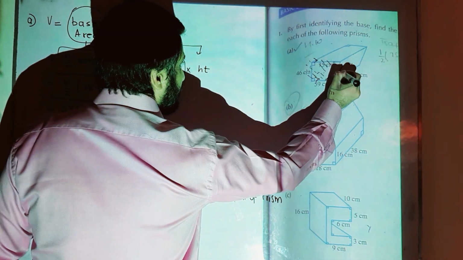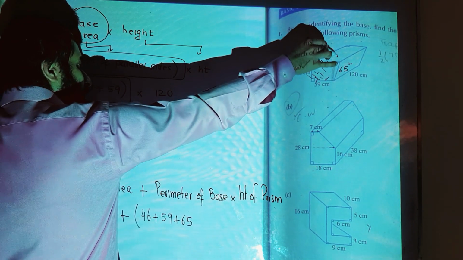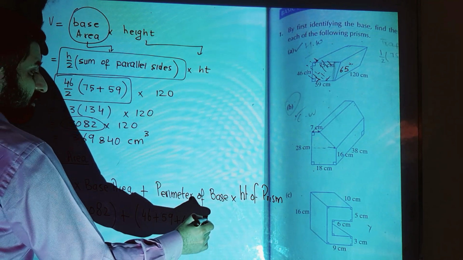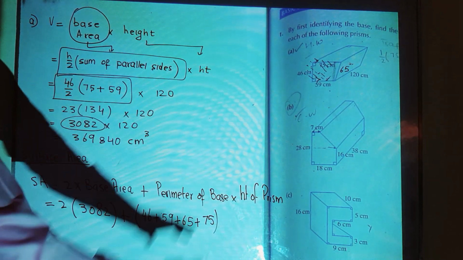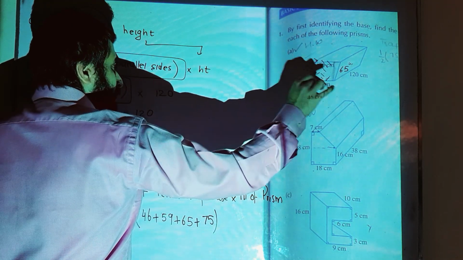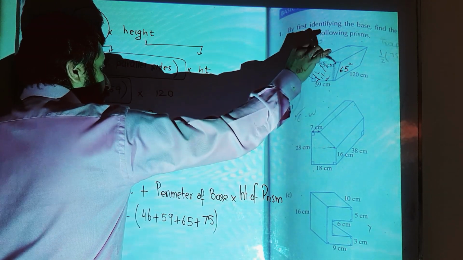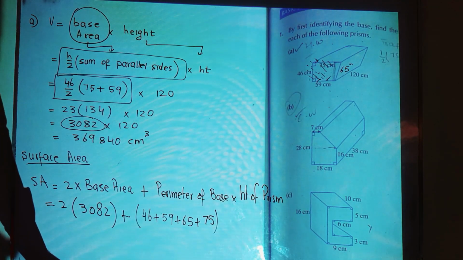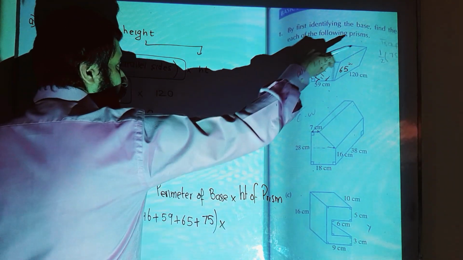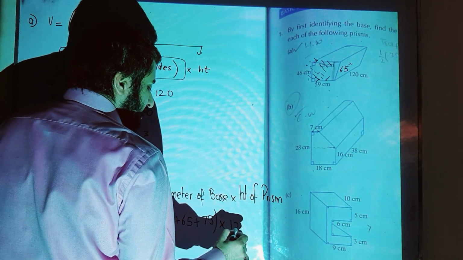I am supposing this one because actually in your diagram it is not given. Just assume it to complete the question, plus 75, just to have the concept of surface area. For that you need all the boundaries of the base. Three are given, the fourth one is supposed by myself. Multiply this perimeter by the length, which is 120.